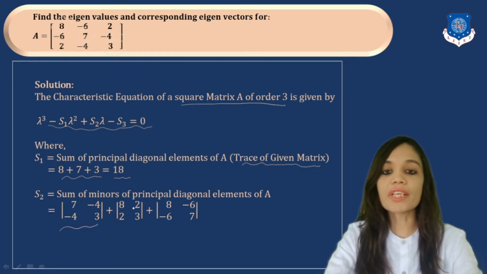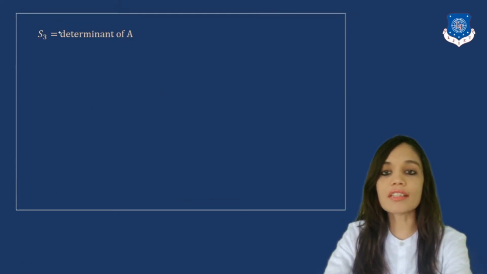So the minor will be [8, 2; 2, 3]. Lastly, find the minor of 3. So hide that corresponding row and column. So the minor will be [8, -6; -6, 7]. Now find the determinant of all the three minors, right? So the answer will be 5 plus 20 plus 20. On simplifying, you will get S2 as what? 45, right?